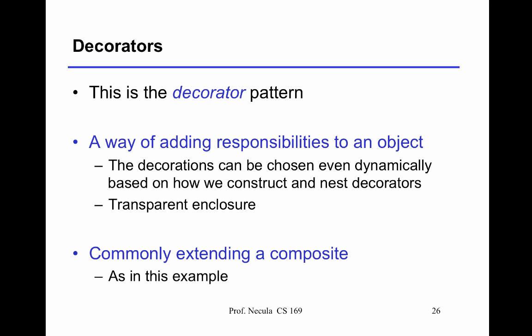The good thing, what I hope you understood from my initial motivation, is that you can add these decorations dynamically, based on configuration files, based on user selections and so on. Right? So it's very commonly used in conjunction with the composite when you have these trees, sticking these responsibilities in the middle of your trees.